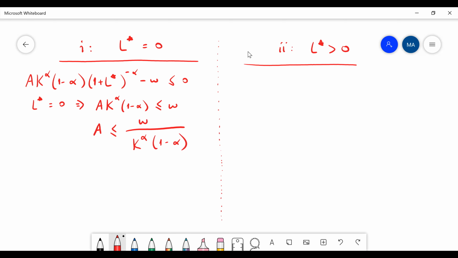Otherwise, I may have this (1 plus L star)^(-alpha) less than or equal to 0 again.